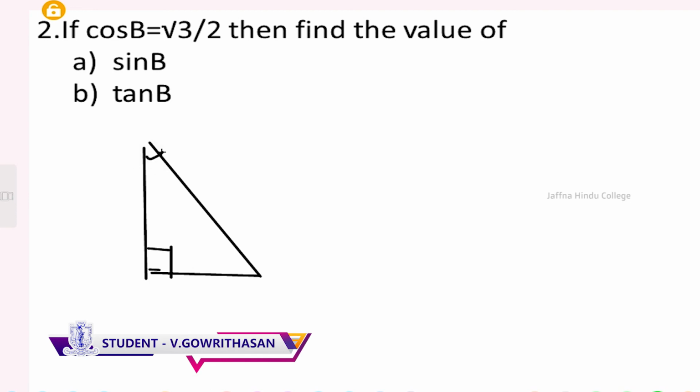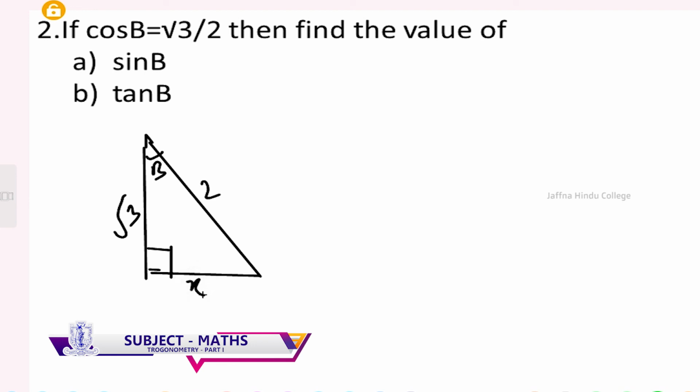Let us take this angle as B. So cos B, cos means adjacent side by hypotenuse: adjacent side root 3 and the hypotenuse 2. Using Pythagoras theorem, we can find this side length.